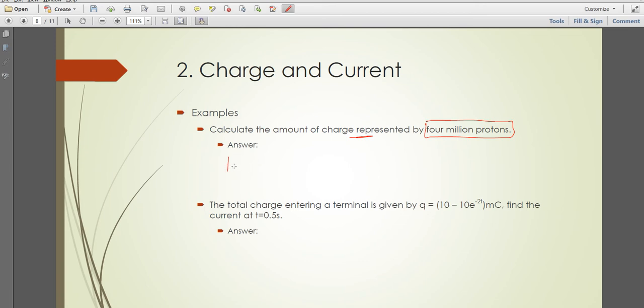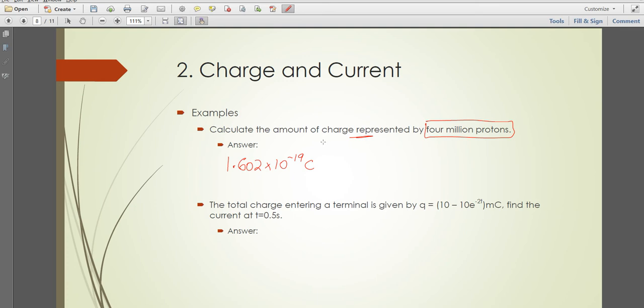So each proton represents 1.602, if you remember that number, this is the magnitude of the proton or electron charge, 10 to the power of minus 19 coulomb per each one.